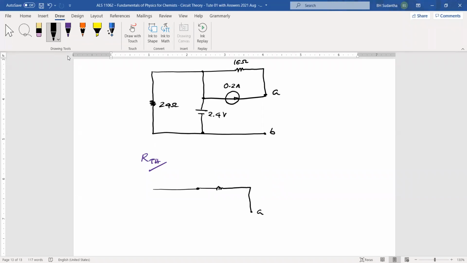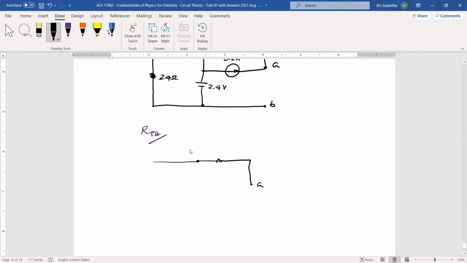This is point A, and B. This voltage source should be short circuited and this current source should be removed.